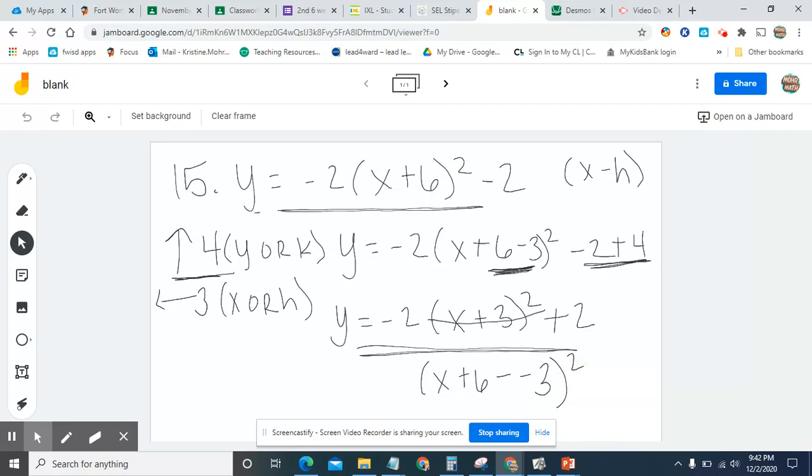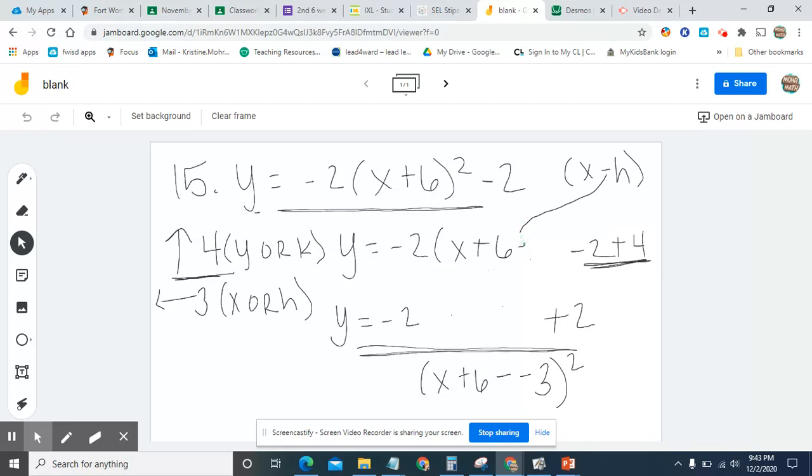So it started out, let me just erase this because I feel like that's super confusing. All right, it started out x plus 6. And the formula says subtract, so we're going to put that in, subtracting.